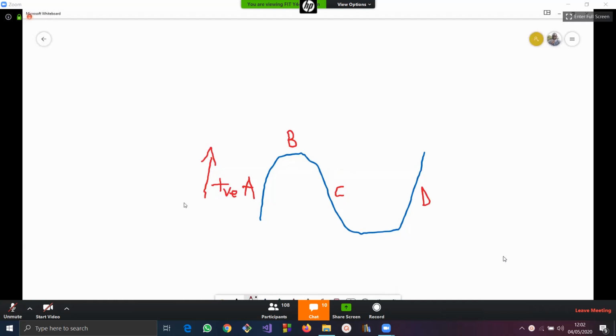It's rising. Very good. So a positive derivative means that the curve is rising. Good.